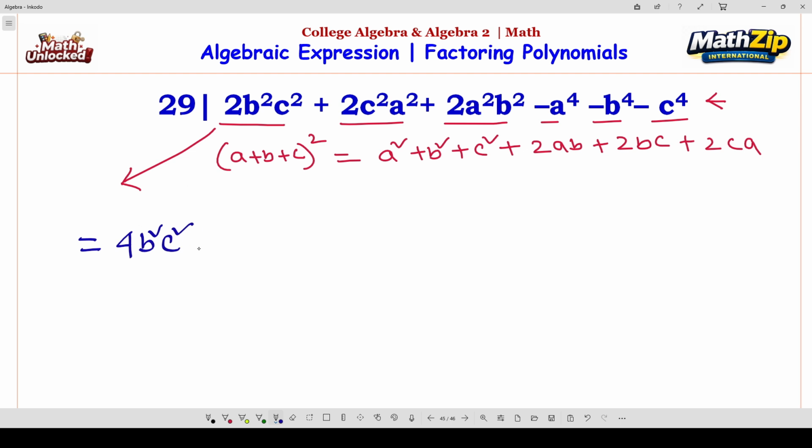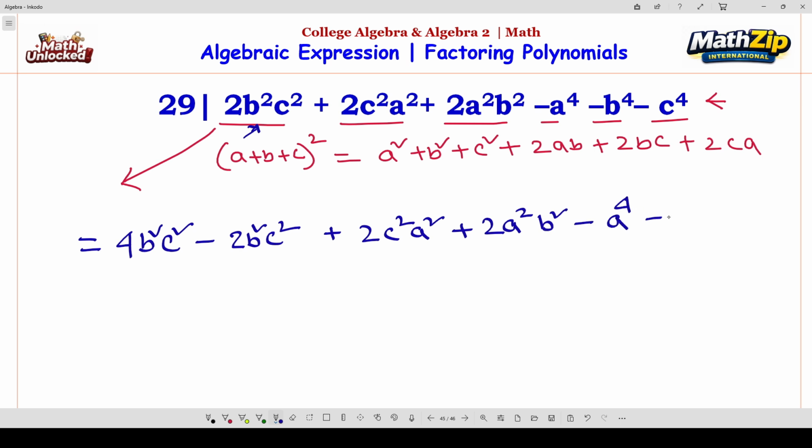So b²c², once you make minus 2b²c², it will become the same, right? Everything will be unchanged, like plus 2c²a² + 2a²b² − a⁴ − b⁴ − c⁴.